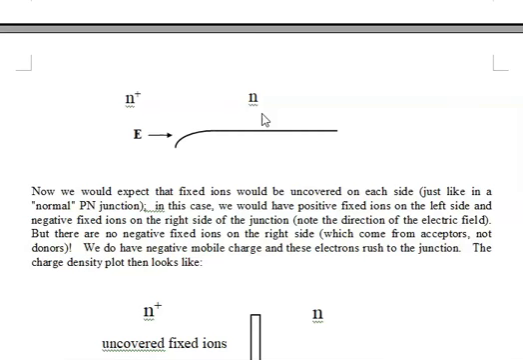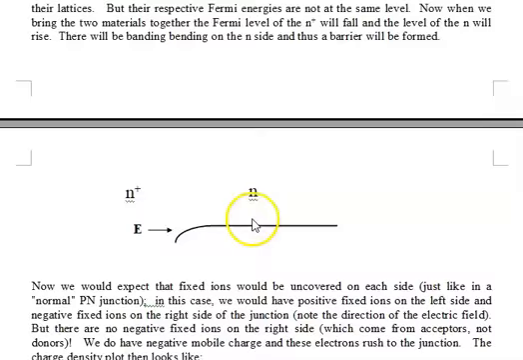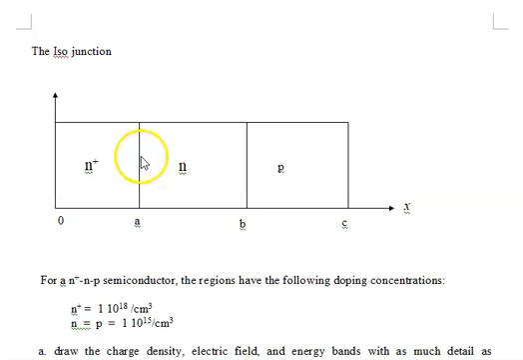What we have here, however, are mobile electrons. So the mobile electrons, due to this electric field which goes from left to right in this case, and we know that because the bands bend down in the N region, are forced over to the interface. This point right here is the interface.